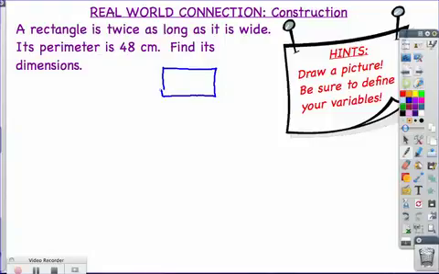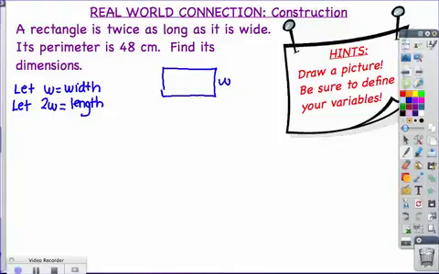Find 3 consecutive even integers whose sum is 168. Let x equal the smallest integer. Since they're consecutive, x plus 1 equals the second integer.